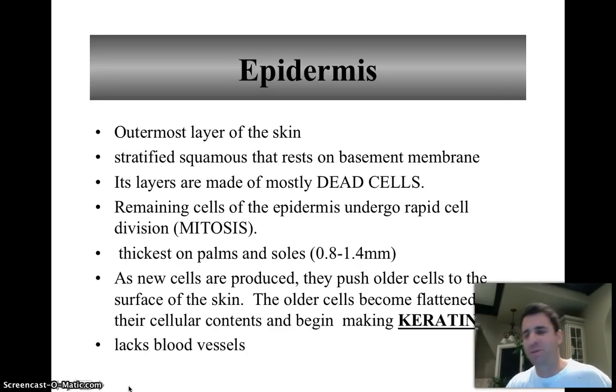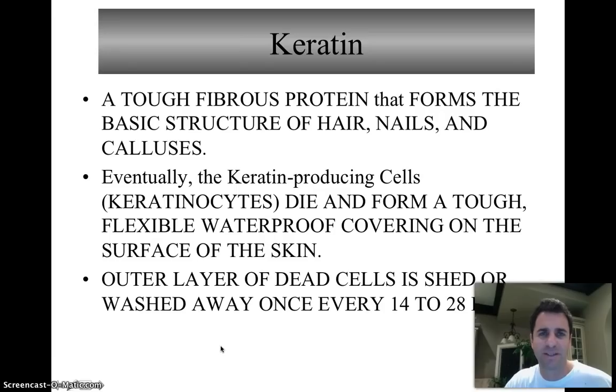As these new cells are produced, the old ones go to the surface and they become keratinized. I told you, they flatten, they lose their cellular contents, and they start to make keratin for protection and rigidity, toughness. And we already told you that the epidermis lacks blood vessels. So keratin is a really tough protein. You might know of it from nails and also hair, and even in calluses it provides that really dense, tough skin that you might be familiar with.